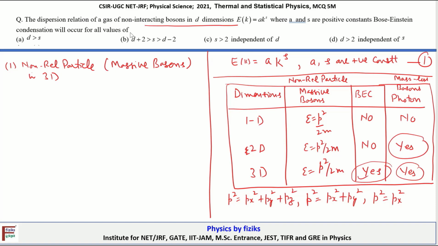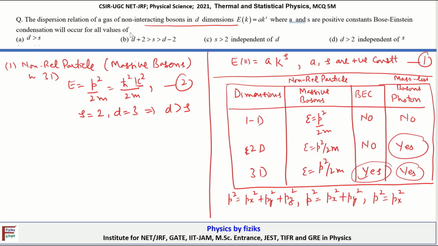The energy momentum relationship is E equal to p square upon 2m, that is equal to h cut square k square upon 2m. Here if we make a comparison between equation 1 and equation 2, s is equal to 2, the exponent of k. So here s is equal to 2 and d is equal to 3, so this implies d is greater than s, and for this system the Bose-Einstein condensation takes place.